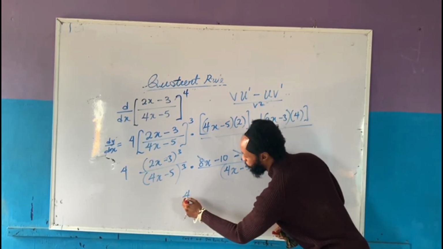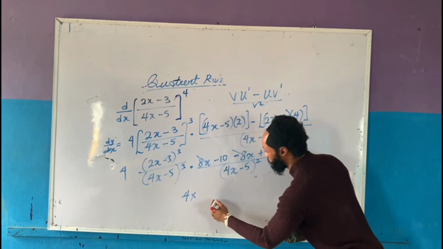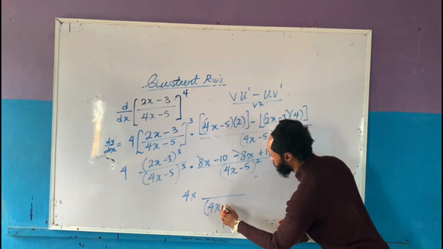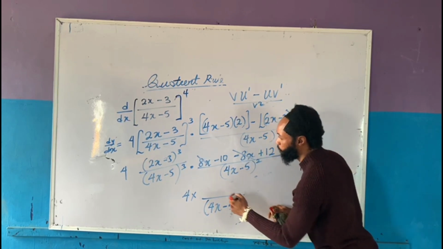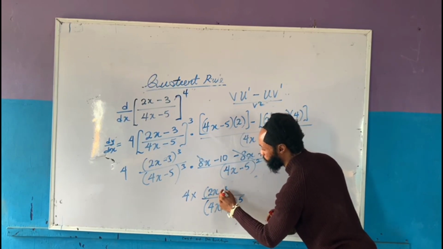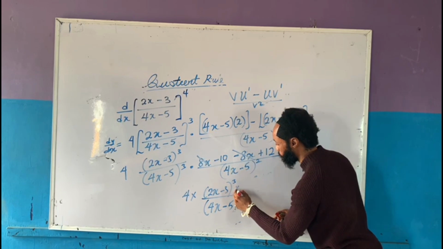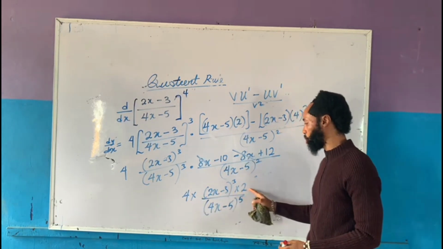We have 4 into bracket, we're already multiplying by 4. Let's keep here 4x minus 5, all raised to the power 5. Then we have 2x minus 3 raised to the power 3, then times 2. So right now I could say 4 times 2 is 8.